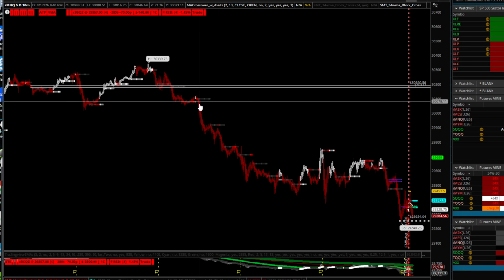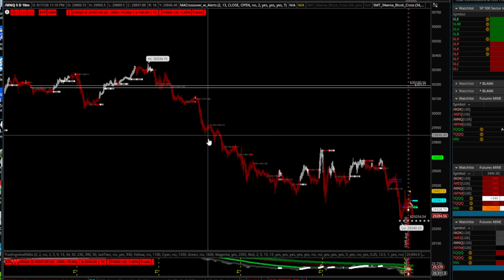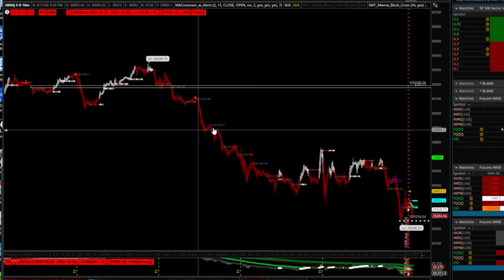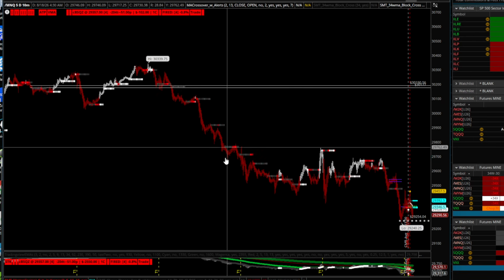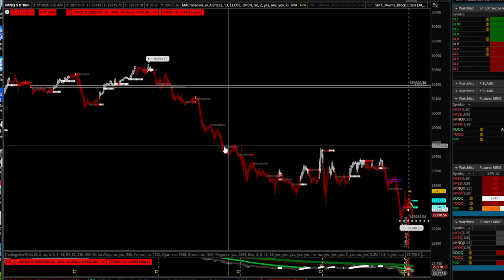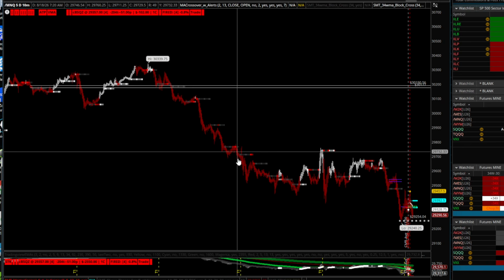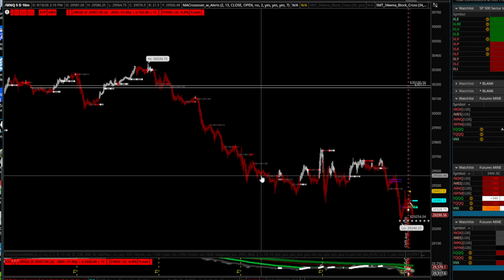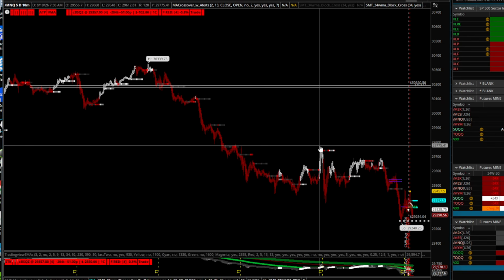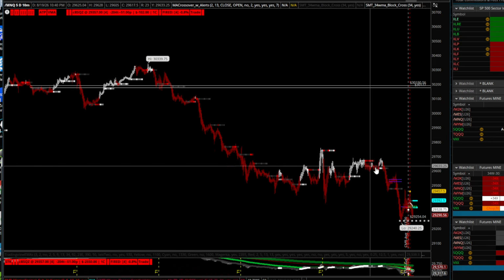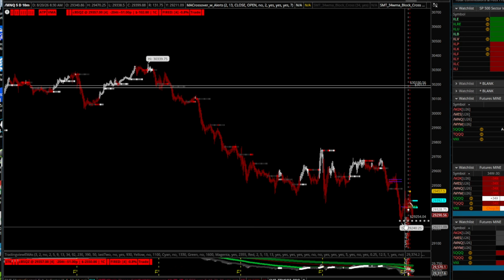You can see price broke out here, beautiful trade here, came back for a retest, beautiful trade here, beautiful trade there. And that's basically how it works.